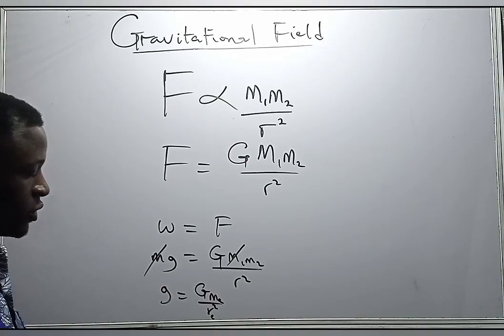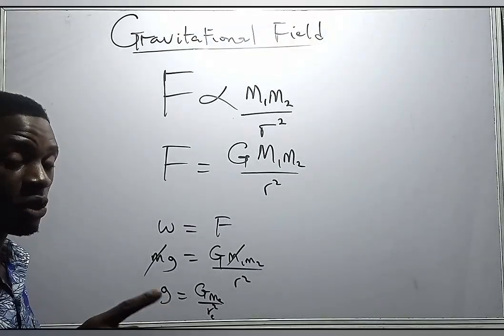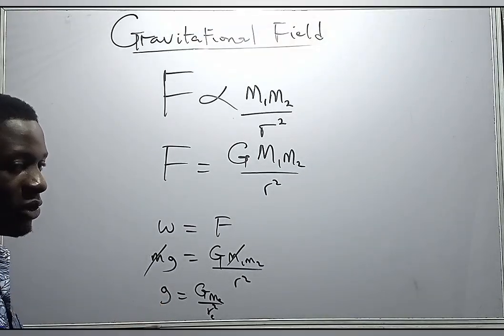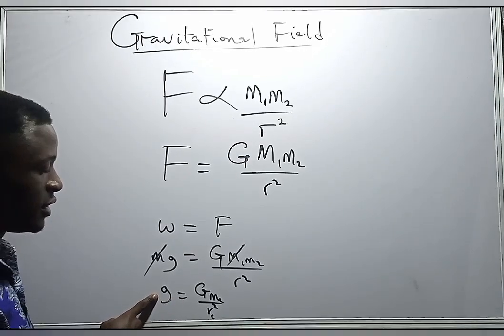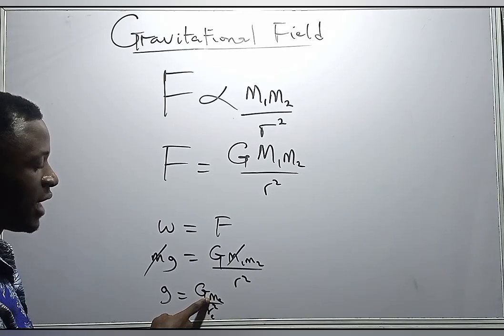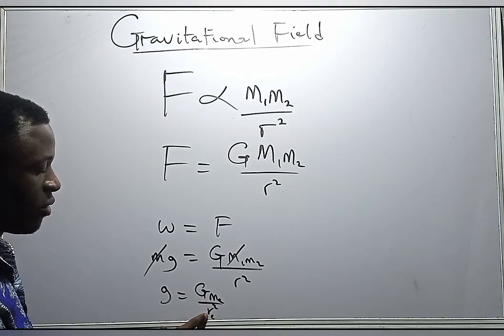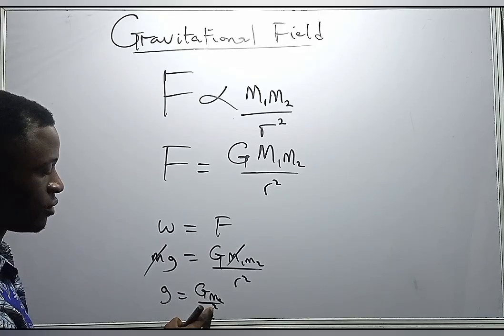Do you get that? So this g is the acceleration due to gravity. You already know. So this is how they got the acceleration due to gravity. This acceleration due to gravity is equal to G, the gravitational constant, and M, the mass of the Earth, over the radius of the Earth squared. So I can change this one to a capital letter.